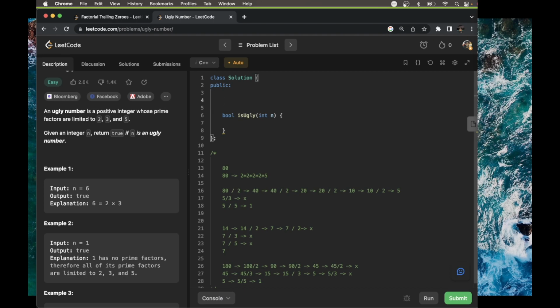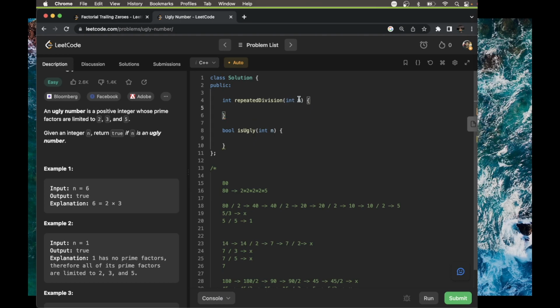Let's say int repeated division, and you pass a number n here, right? You pass a number n and you pass a number factor.